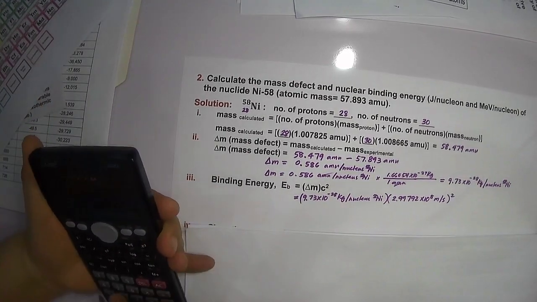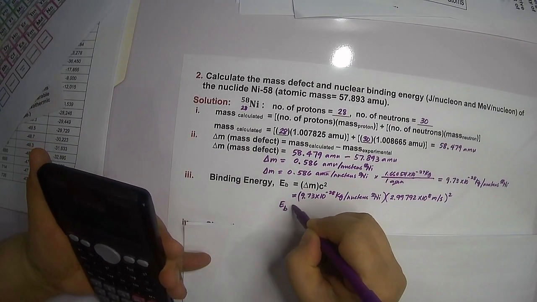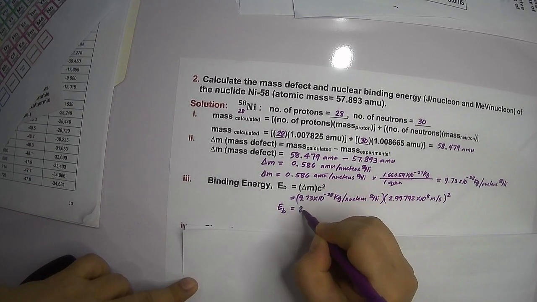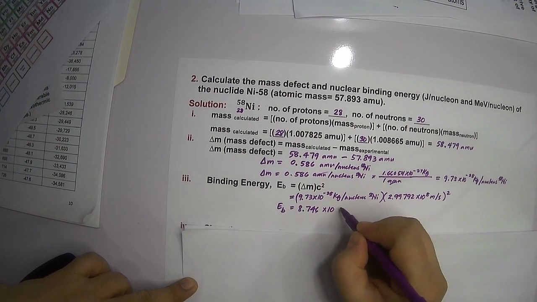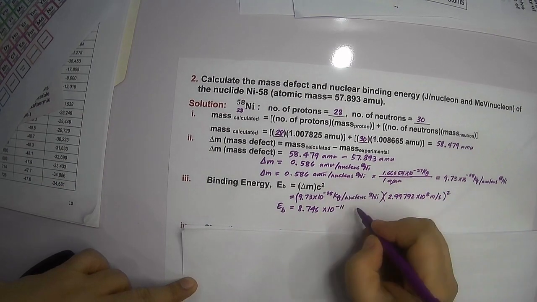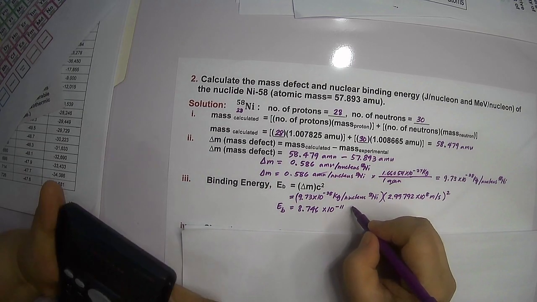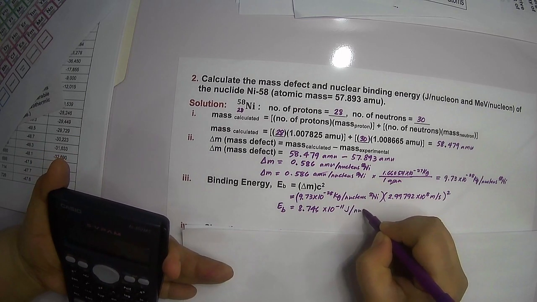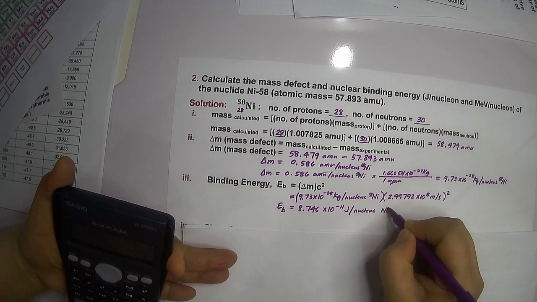If we enter that value, that will give you the binding energy equal to 8.746 times 10 to the negative 11 joule per nucleus of nickel 58.